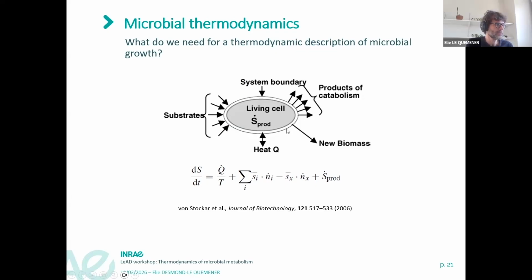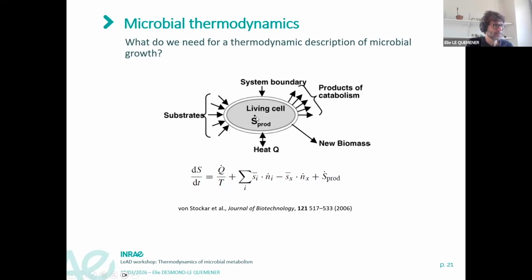You have some boundaries of the system, and you have some reactions happening inside. You have some substrate coming from the outside to the inside. You have some products, and the cell is synthesizing some biomass, and you have some heat exchange between the cell and the outside. And you can do some balances. For example, here it's the entropy balance, or entropy dynamic equation, of the system.